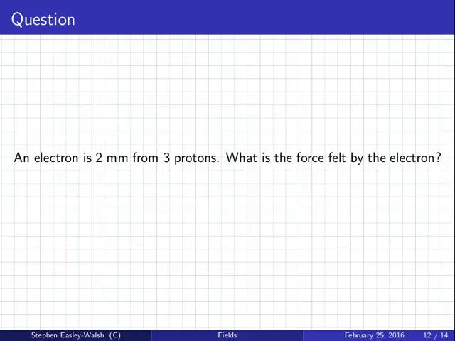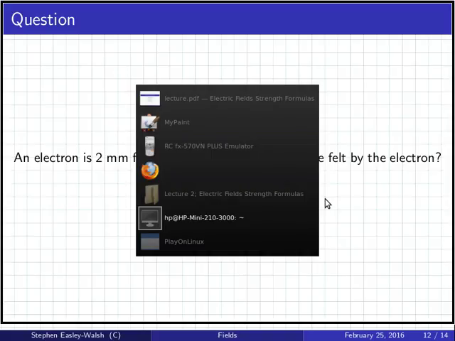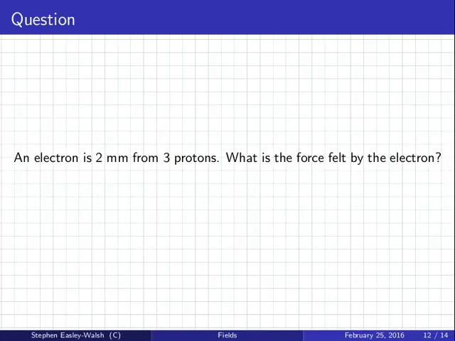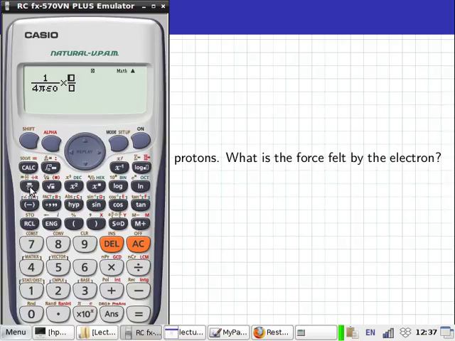Let's calculate it. So, the formula is 1 over 4 pi epsilon 0 times, now, Q squared, yeah, Q squared, Stephen. I was thinking of the next part of the formula with the r. Now, on the top, is it 1 electron charge or 3 protons of charge? 3. Very good.